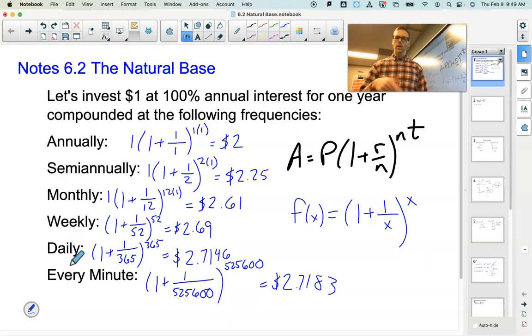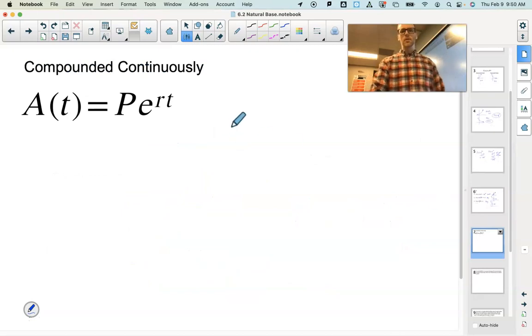And as the number of times we compounded a year got bigger and bigger, more frequent, more frequent, that's what gave us the number e. Compounded continuously is a situation that can be modeled by this function: our principal times e to the r times t.